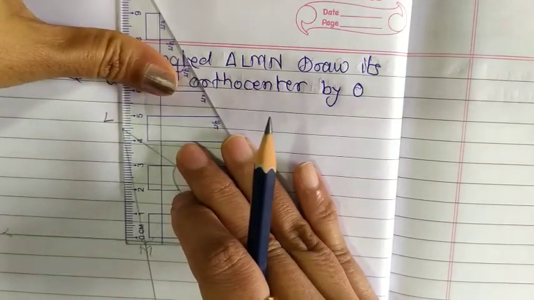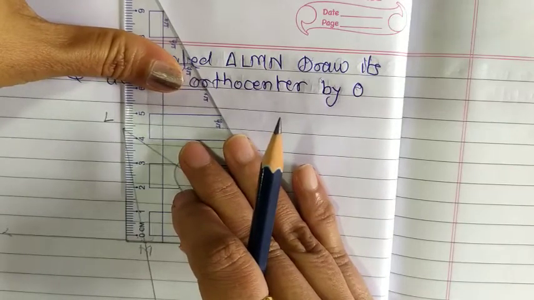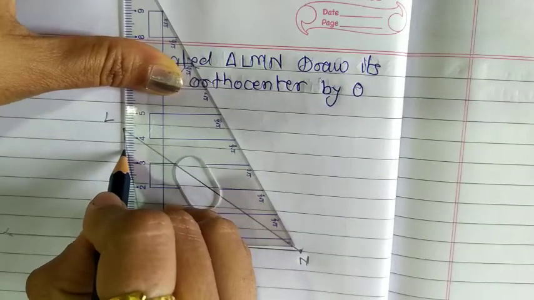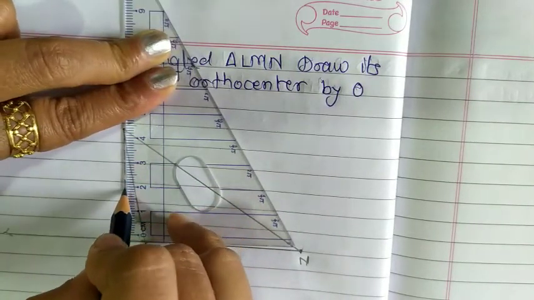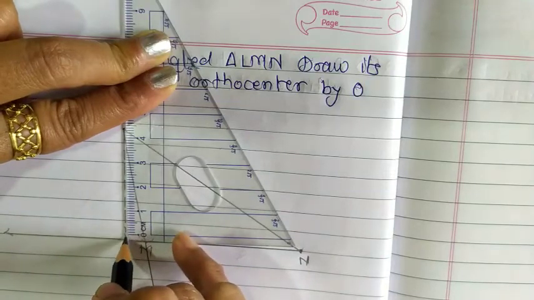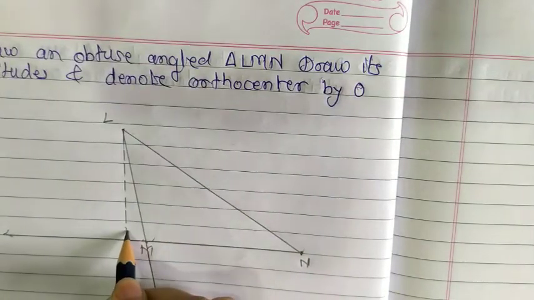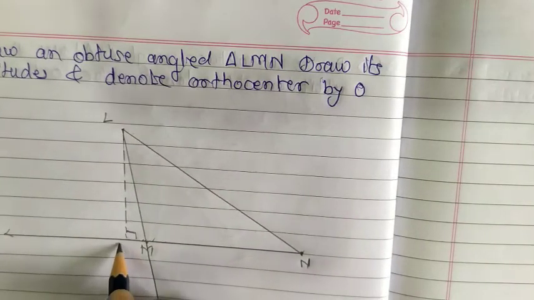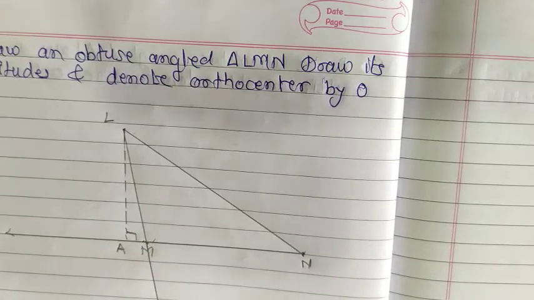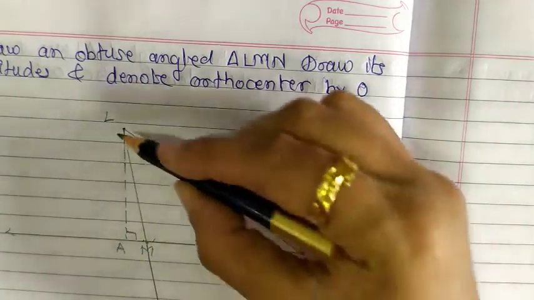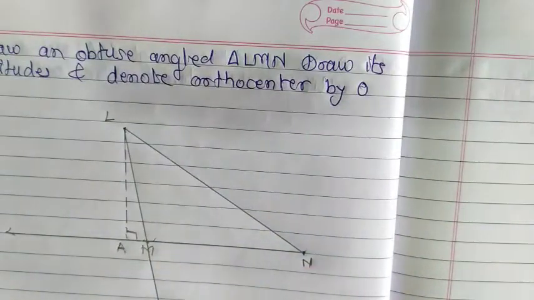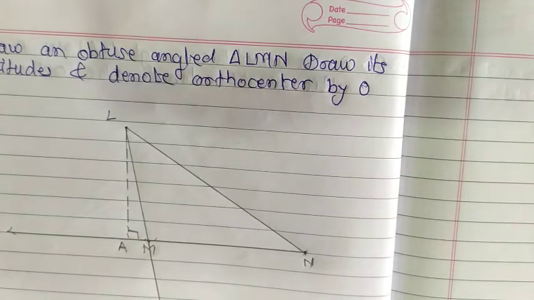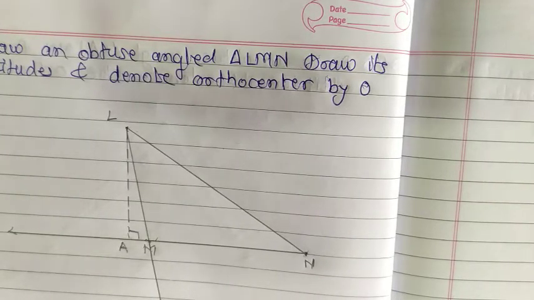Here we get the first altitude, that is LA. Then the second altitude: the base is LM and the opposite point is N. Again use the set square here.